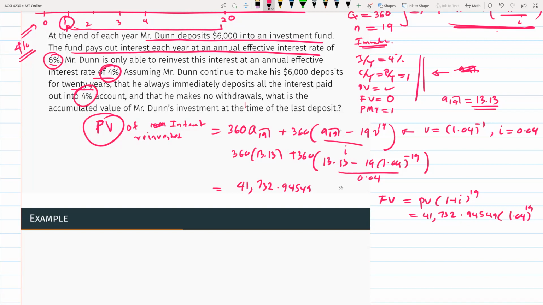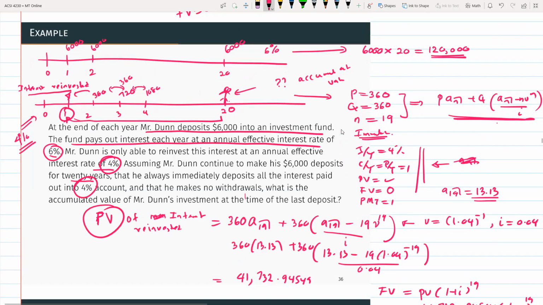And you would get 87,925.02181. And you can add that to this 120,000 to get the total equivalent value.